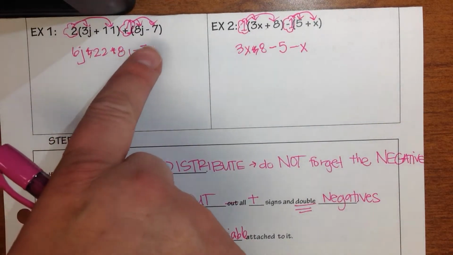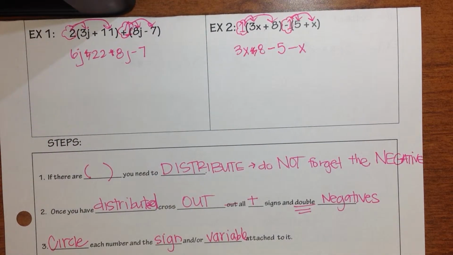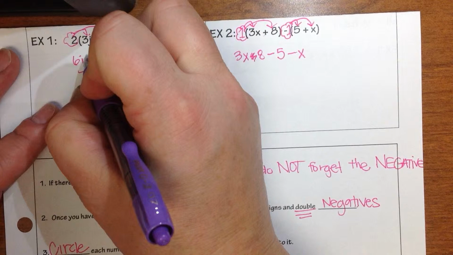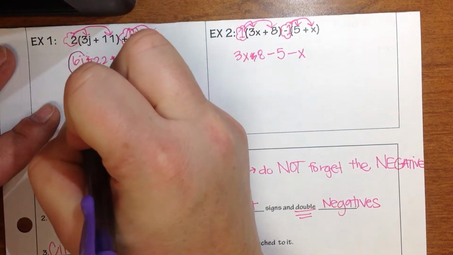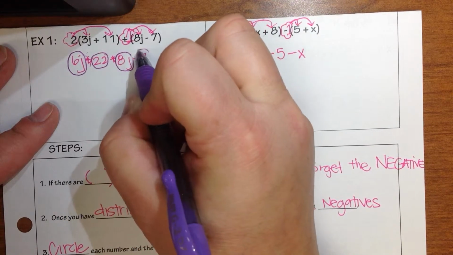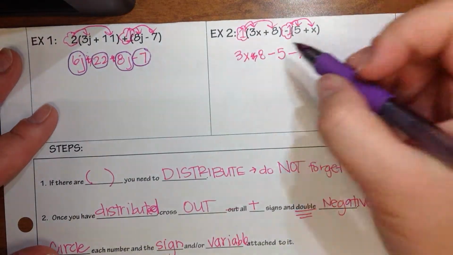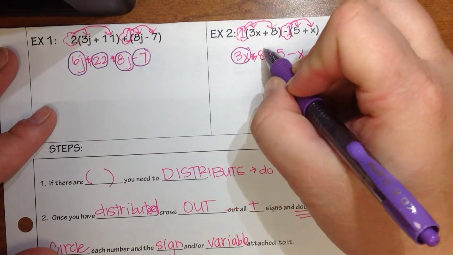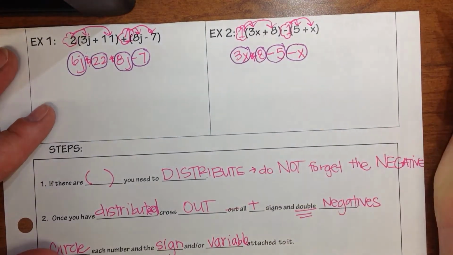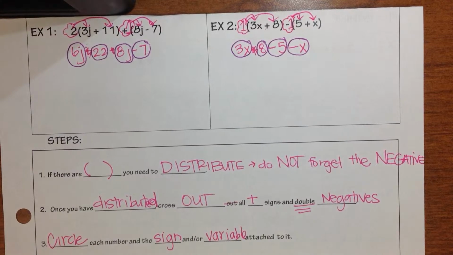This one, there's a plus 8 and a j. So make sure you circle both of them. I'm going to circle in purple. So I have 6j, 22 positive, 8j, negative 7. Here I have 3x, positive 8, negative 5, and a negative x or negative 1x.